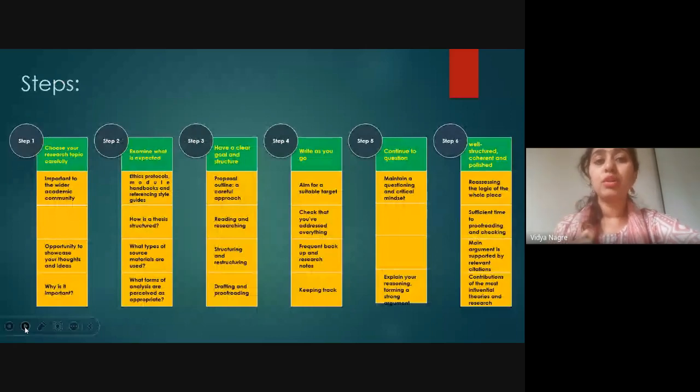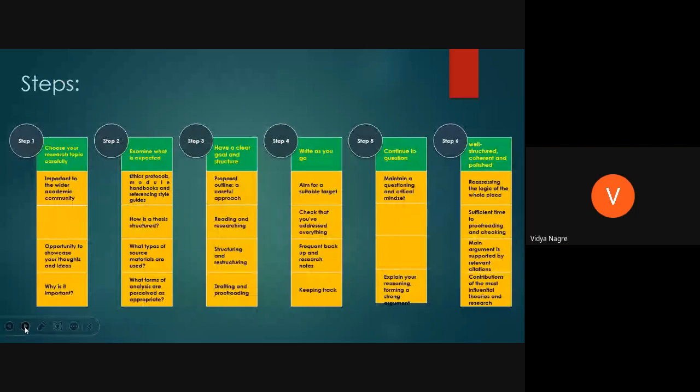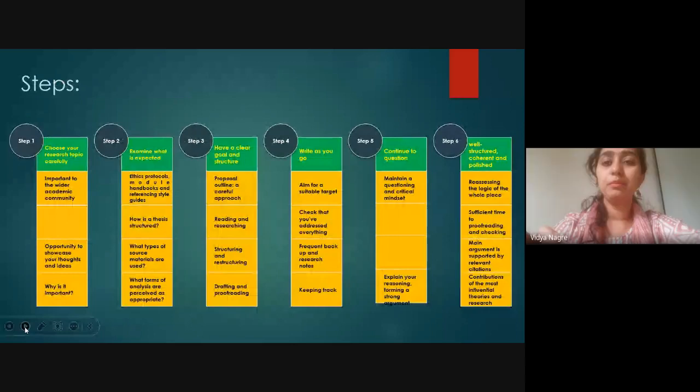It is very important that your research should help the community at a wider level. It should not be helpful only for one or certain persons. It should be beneficial to the wider academic community. It is an opportunity to showcase your thoughts and ideas. Understand what research basically is.